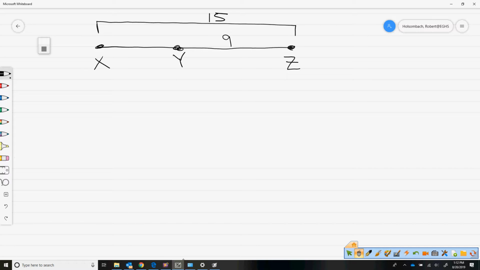And you're asked to find XY. Alright, wouldn't it be 15 minus 9? 15 minus 9 equals 6. Alright, that's the rule or the concept in its most basic form. Okay? You add the two small pieces together, you get the entire piece. The entire piece minus one of the smaller ones equals the other smaller one.